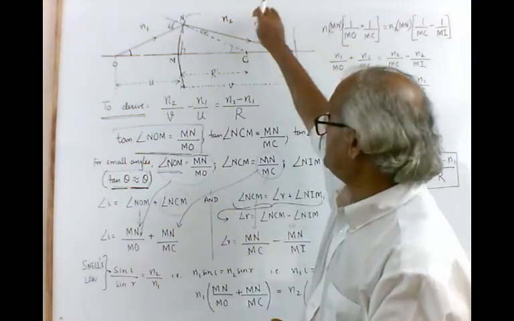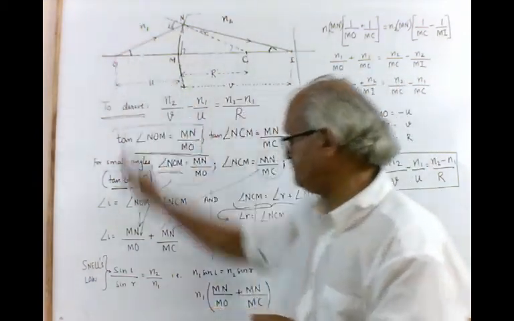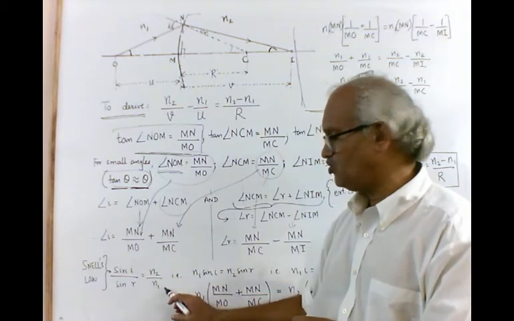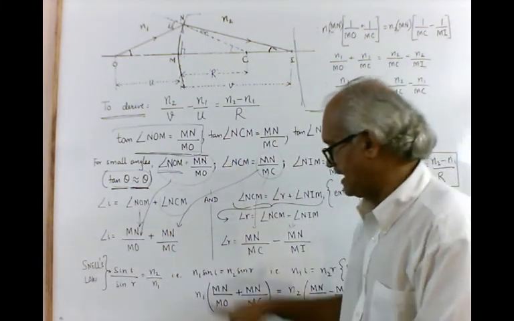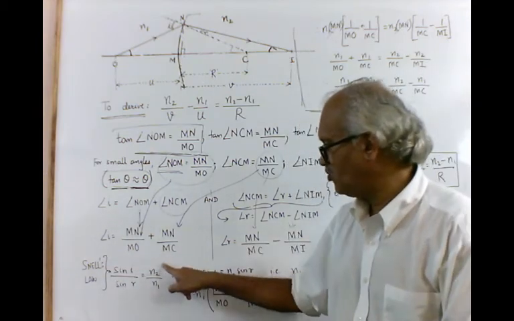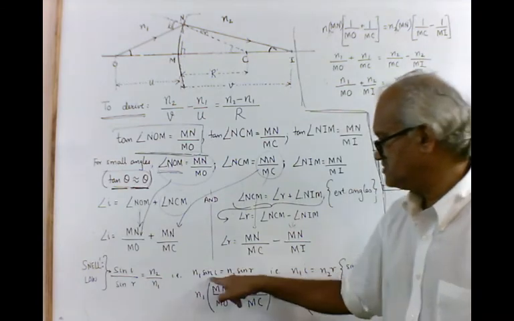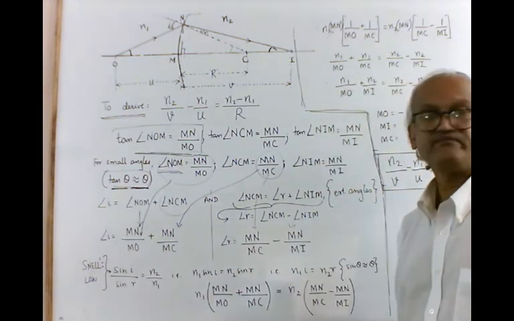So here our second medium is n2, the first medium's refractive index is n1. So sin I upon sin R is n2 upon n1, which we can rearrange, cross multiply and write as n1 sin I is equal to n2 sin R.